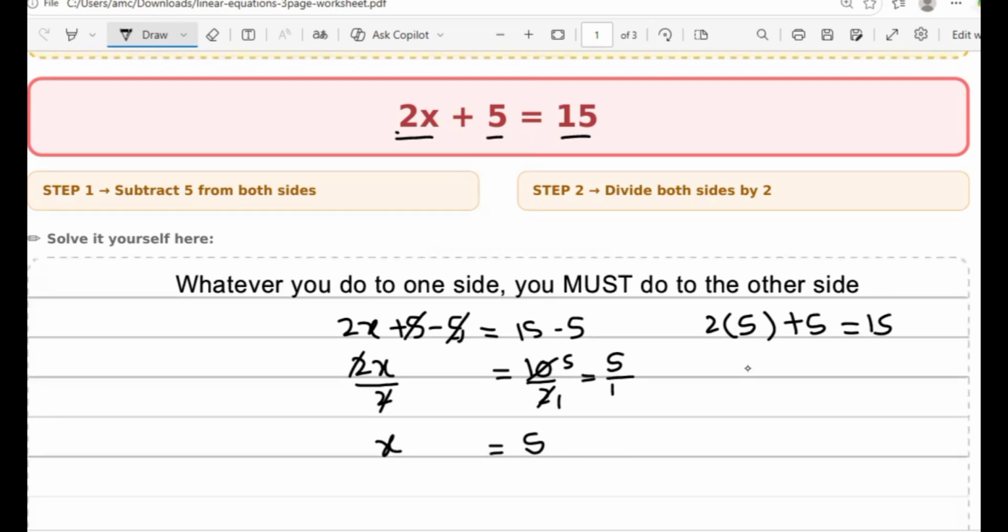So 5 times 2 is equal to 10, plus 5 is equal to 15. So 15 is equal to 15. Now our left hand side is equal to right hand side, so it means that our answer is correct.